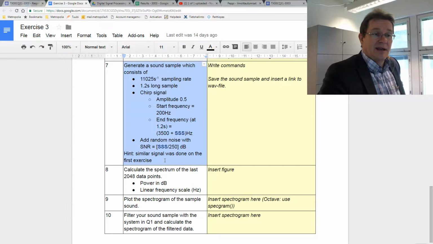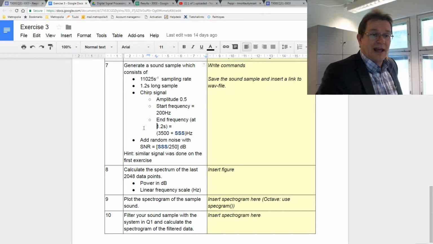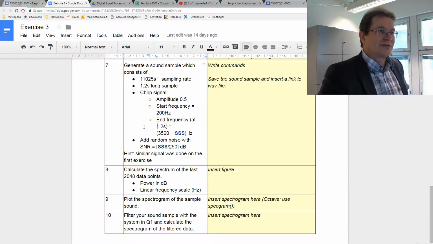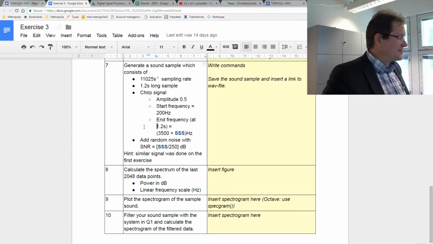So you will again have some random noise with signal to noise ratio again. Excellent. So now, if you didn't get this signal to noise ratio right on the first exercise, this is the place to correct it.